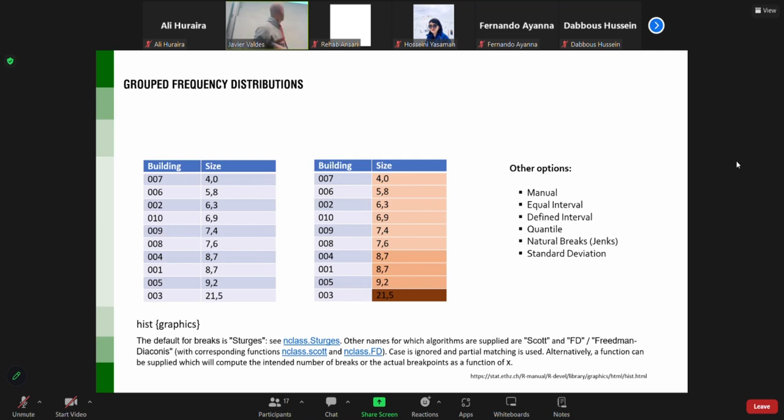Let's say that the mean is here. I can calculate the mean plus a standard deviation, and I will say that this is one class interval, and this is going to be another one. I can also do 0.5, or whatever might be interesting for me.